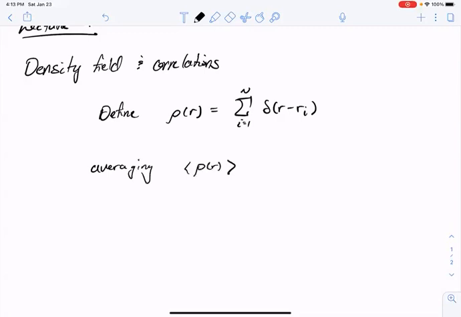over the course of, say, thermal fluctuations, well, the averaging operation is a linear operation. It commutes with the sum. So I can bring that averaging operation inside.